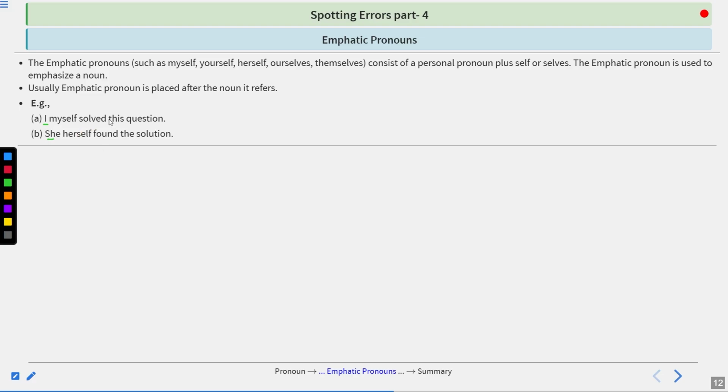Verbs which have objects are called transitive verbs. In previous slides, we learned about it. So either you put the emphatic pronoun before the verb, or after the subject of the sentence, either a pronoun or a noun. Or you can put it after the object if it is mentioned. We can say I myself solved this question, or we can also say I solved this question myself.